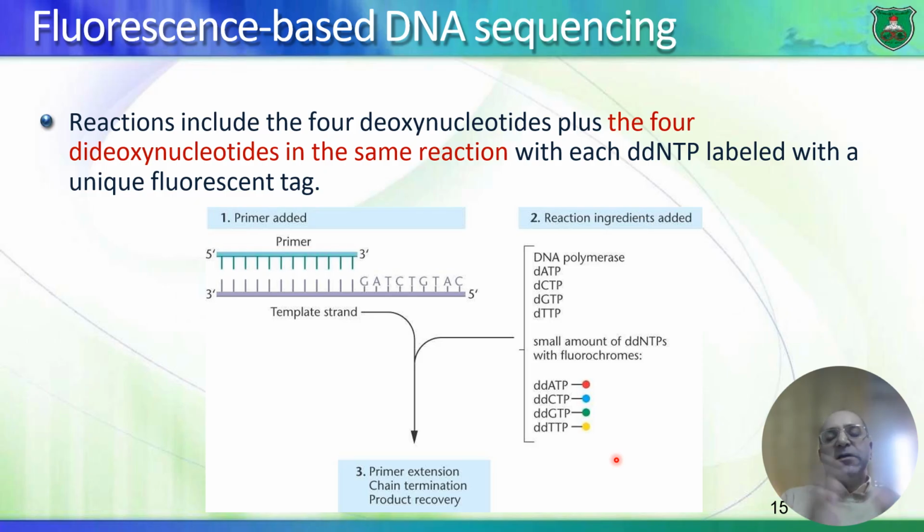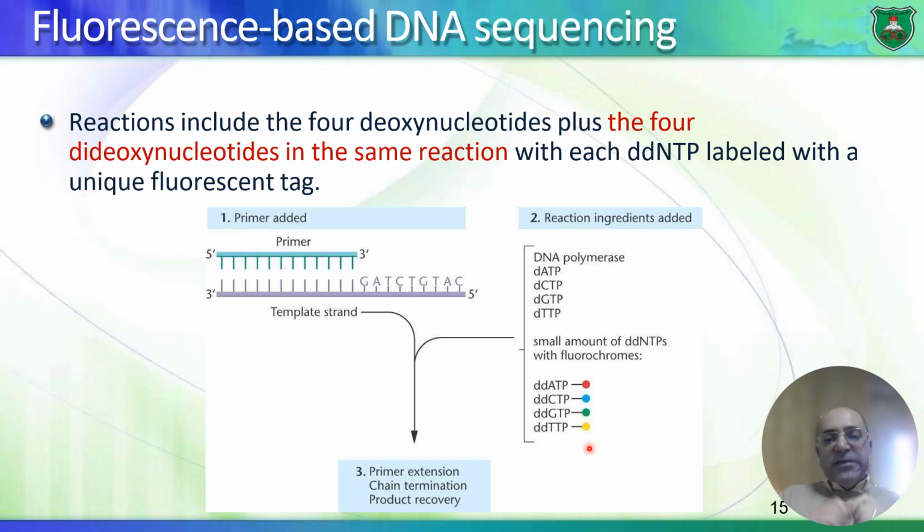So out of these 1,000 molecules, let's say that 50 of them would terminate at the dideoxy T. Now this molecule that terminates with the dideoxy T is going to give a signal of a certain fluorescence, right? Because now the labeled dideoxynucleotide is part of it.